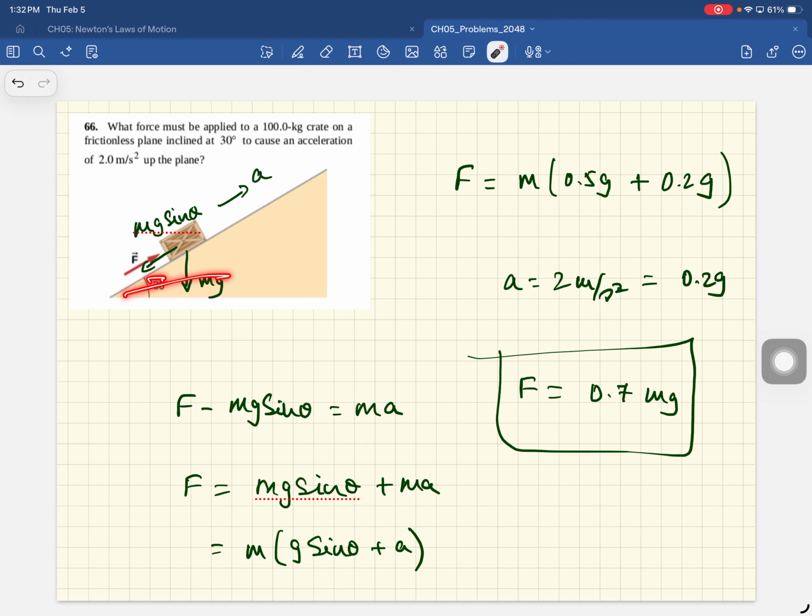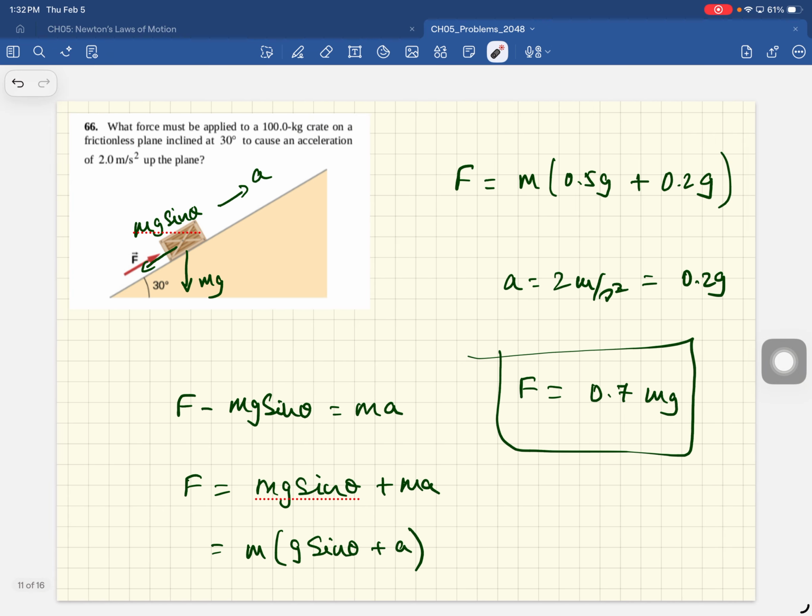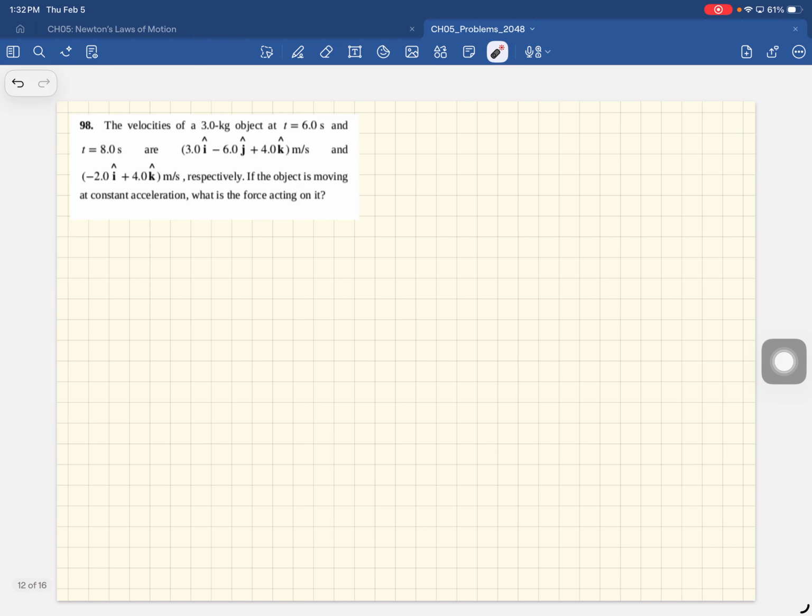All right, so if you look at the x component, F1x plus F2x should equal mass times ax, which is 0. So F2x should equal minus F1x. Okay. So F2x is minus 12 newtons.